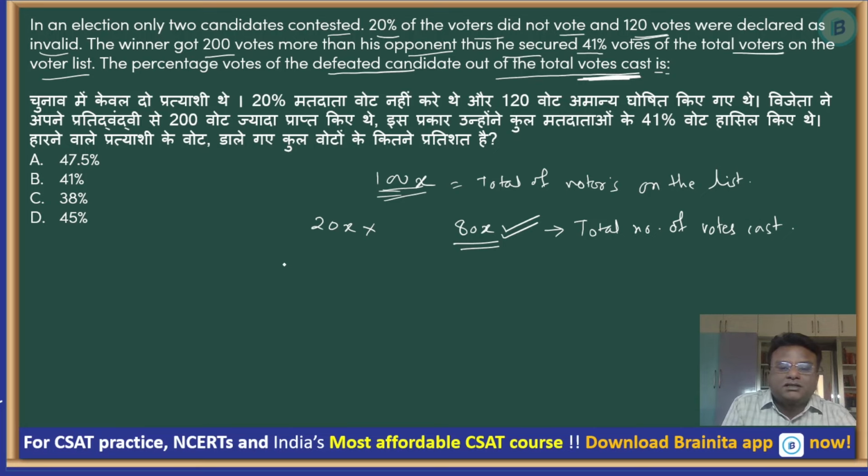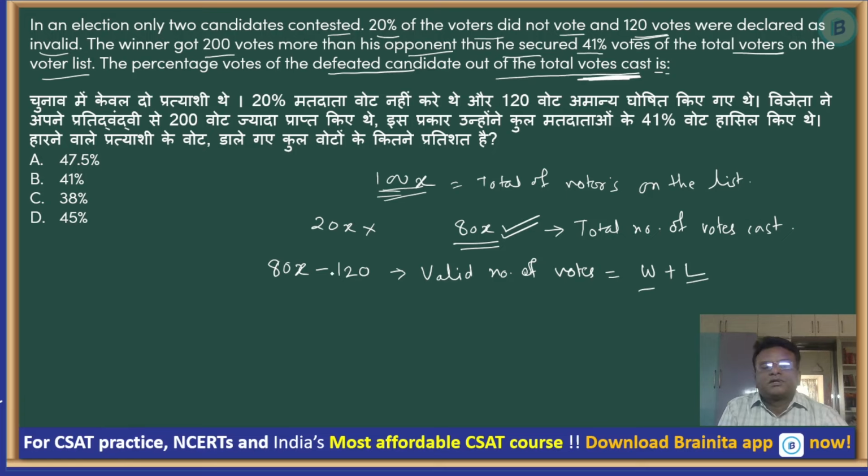Now from the 80x, 120 votes were declared as invalid. So this is the valid number of votes. Now that is equal to winner's votes plus loser's votes. 80x minus 120 is equal to winner's votes plus loser's votes.